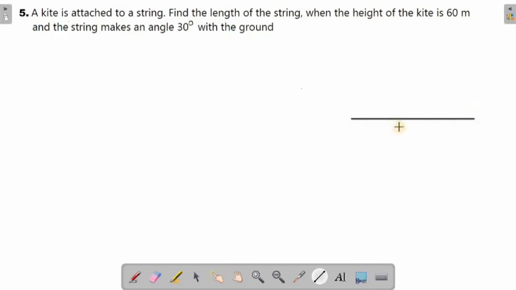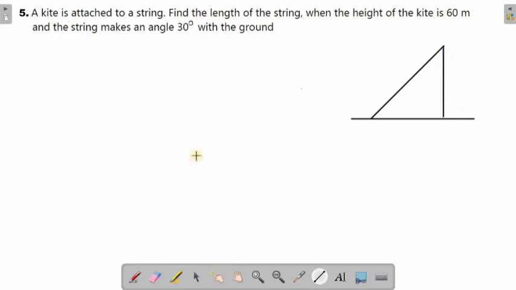So let's say this is your ground. Now when you fly a kite, suppose you stand from here, your kite goes somewhat like this. This will be the height of the kite from the ground, isn't it?